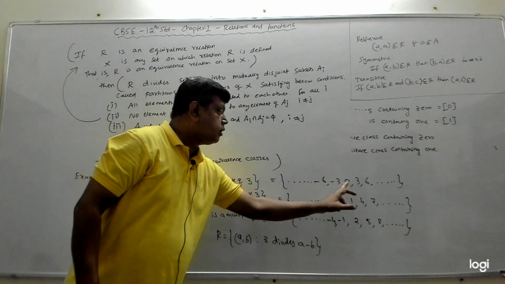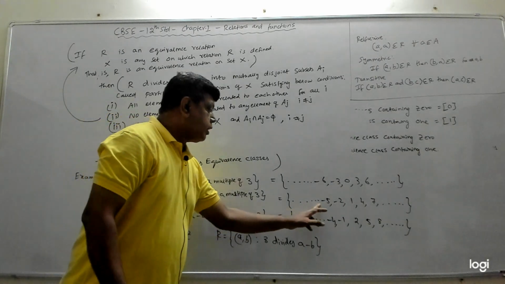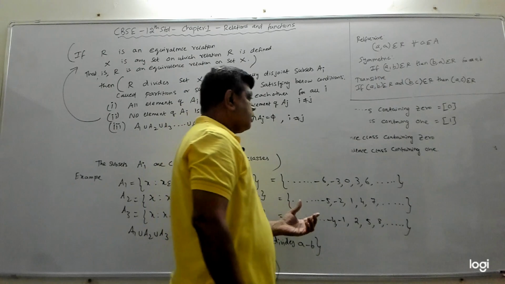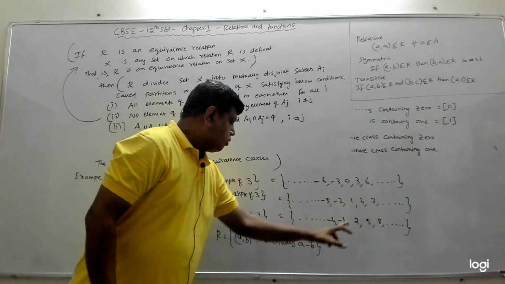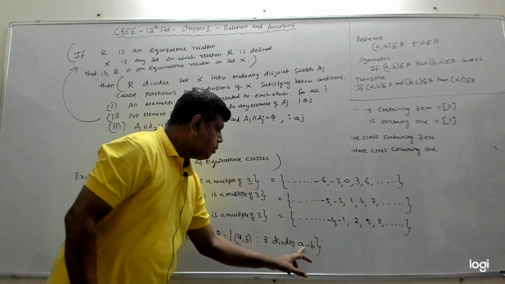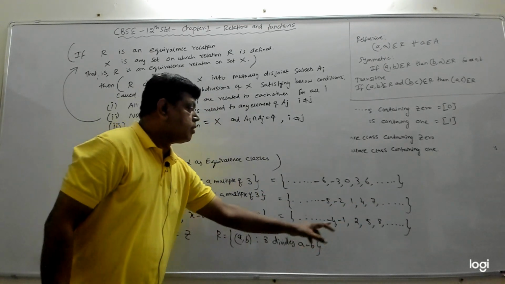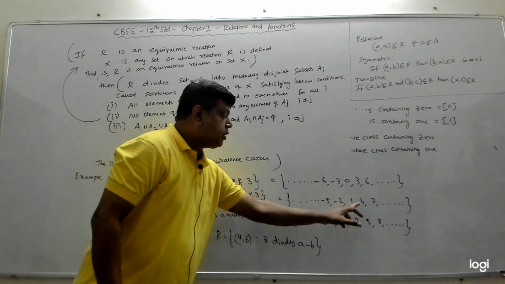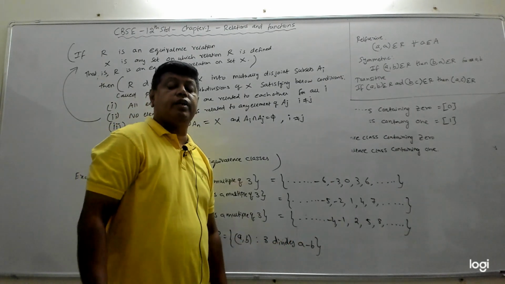If you subtract any 2 numbers, the result will be divisible by 3. Similarly, take any 2 numbers from this set. Suppose you take 1 and 4: 1 is related to 4 because 1 minus 4 is minus 3, and 3 divides minus 3. Similarly, 1 and 7 are related because 1 minus 7 is minus 6, and 3 divides minus 6.